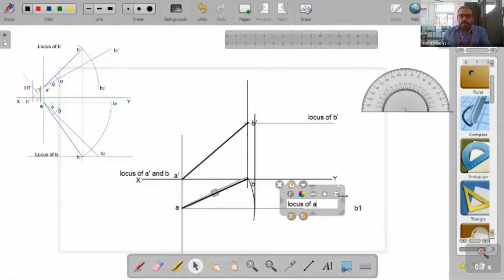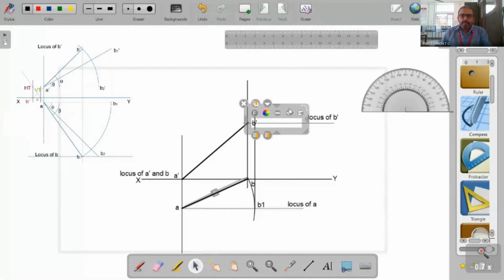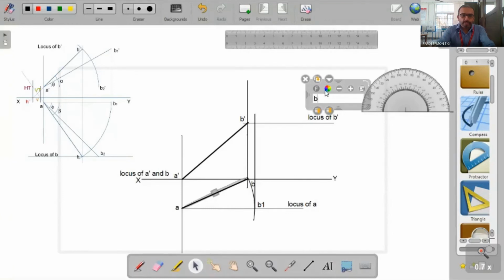And this point is point B1. We obtained the point B1. And here, this point is actually B dash. From the point B1, we obtain point B1 dash.